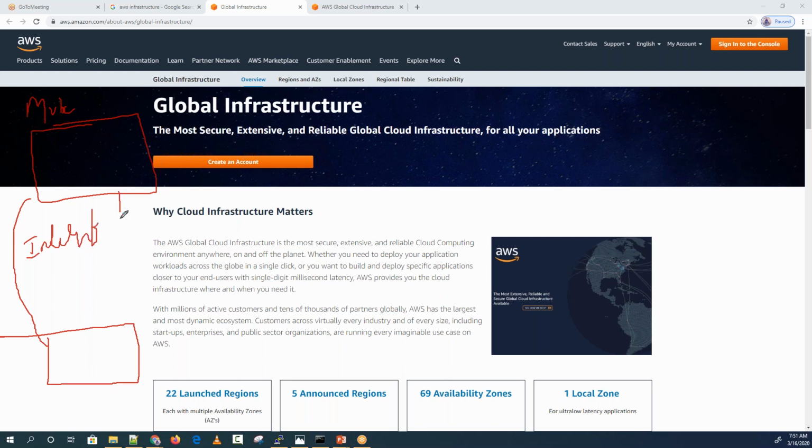In that case, you can connect your two offices. When I say on-prem data center, it's nothing but your office location. So there we are going to configure a VPN tunnel where the communication happens over a private network. That's the point here. That is for extra added security.